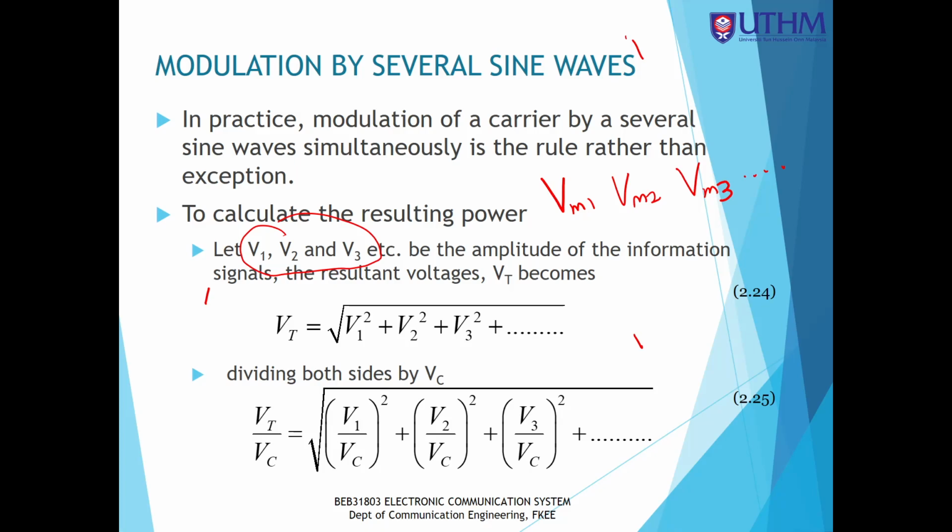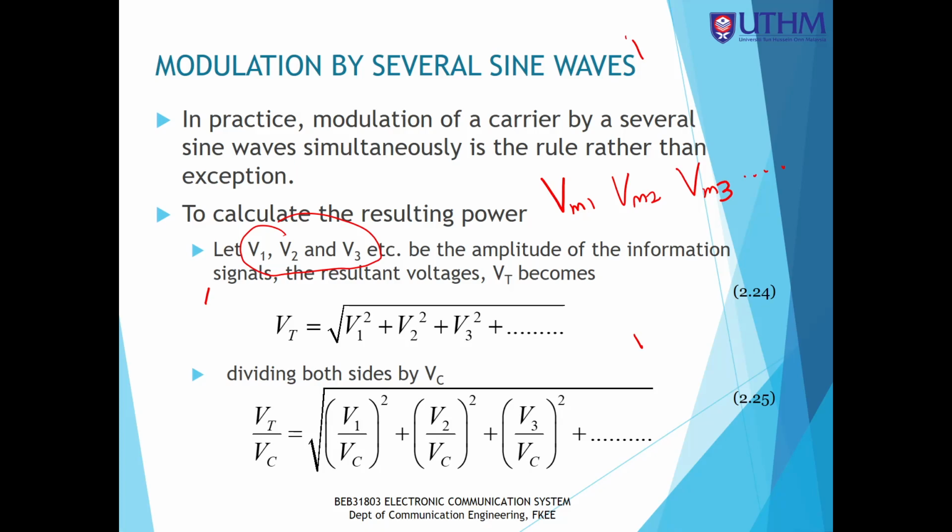So this is M1, this is M2, this is M3, and so on until MN. So M1 squared plus M2 squared plus M3 squared and so on. So the total power is PC times 1 plus M total squared divided by 2.